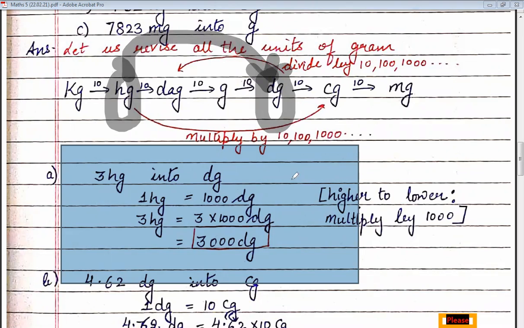That means you will multiply with 1000, because 1 hectogram is equal to 1000 decigram. So 3 multiplied by 1000 will give you 3000 decigram. Is it clear, students?